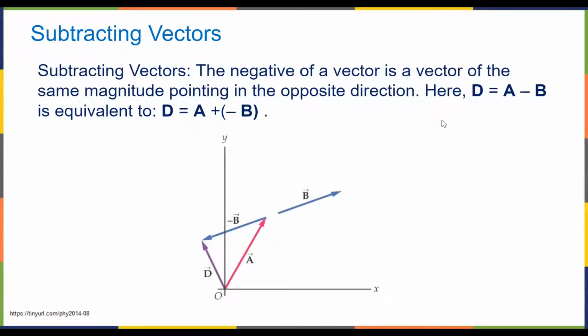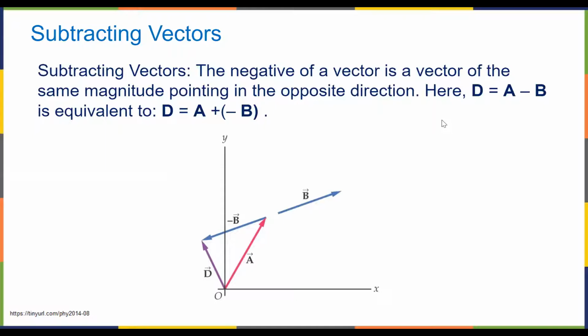If you are subtracting vectors, A minus B, then you are actually doing A plus minus B. Minus B has the same magnitude as B, but points in the opposite direction.